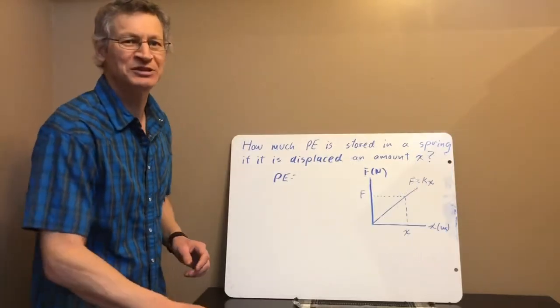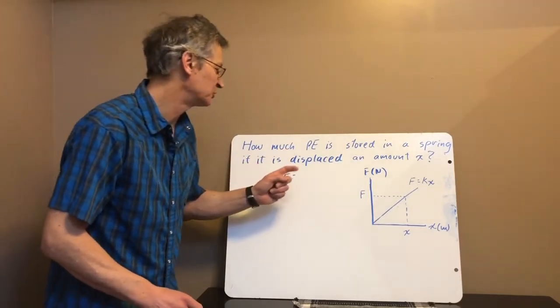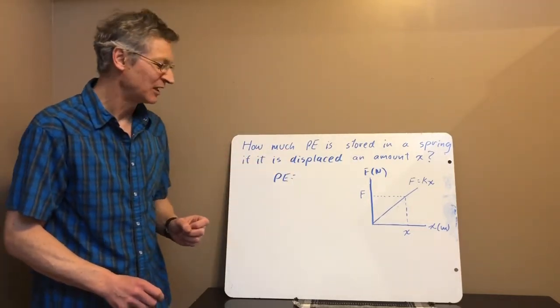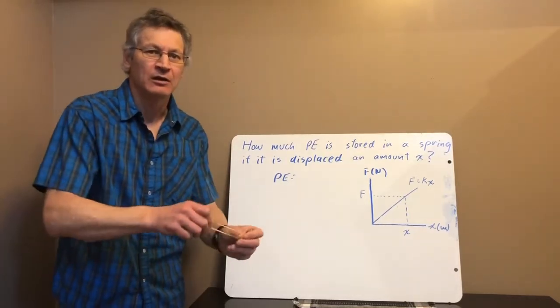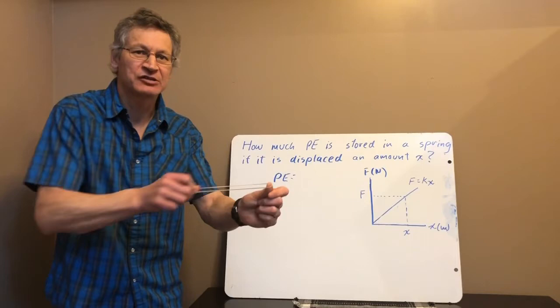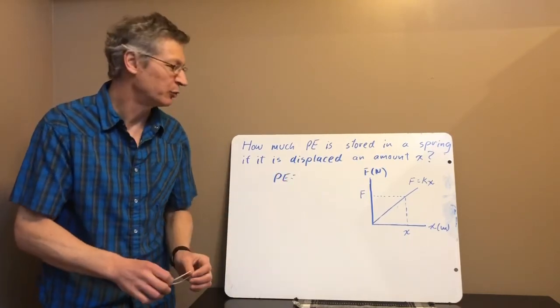Okay, so just like we said before, we want to figure out how much potential energy is stored in a spring if it is displaced an amount x. You take a spring, you displace it some amount x. Well, how much potential energy is in that spring?